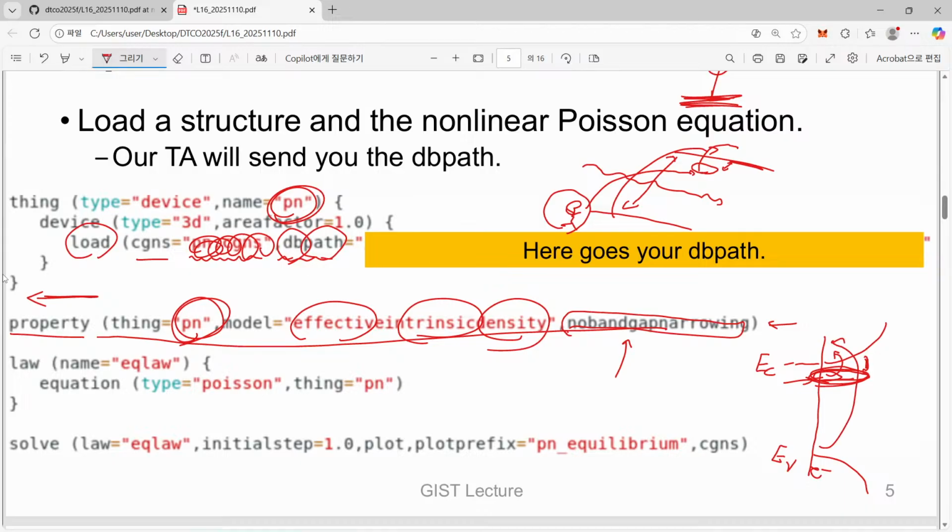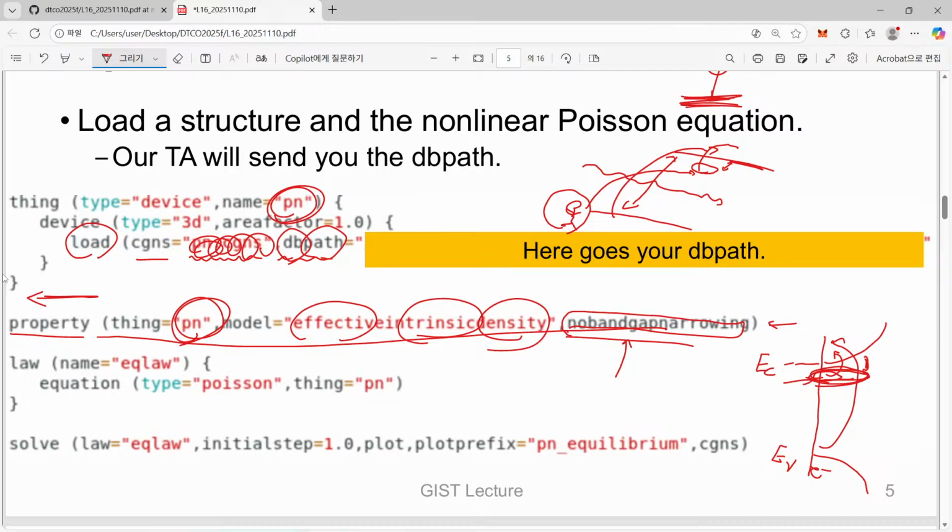So if we have quite a high impurity density, effectively the band gap is slightly narrowed. Also, maybe you can ask me this question: is it really important or not? It is important, especially if you have electrons and holes playing a significant role inside your system.